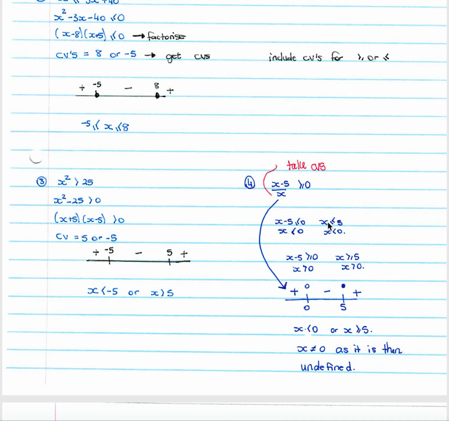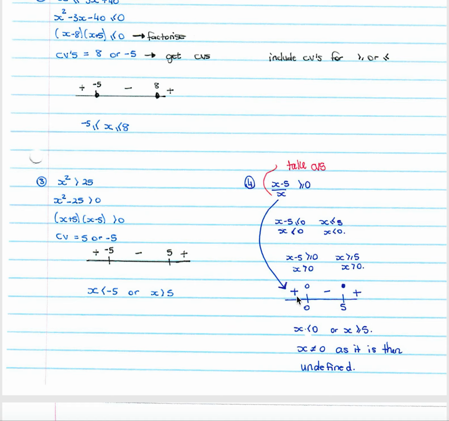Your x must be x minus 5 is less than 0 and x is less than 0, where x minus 5 is greater than 0, x must be greater than 0. And we solve it as we have before. However, we break it down into these two cases because we've got an equation up here and an equation down here. We can't times through because we would lose a value.